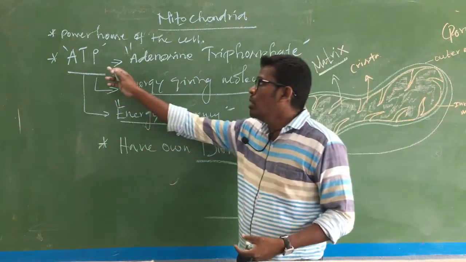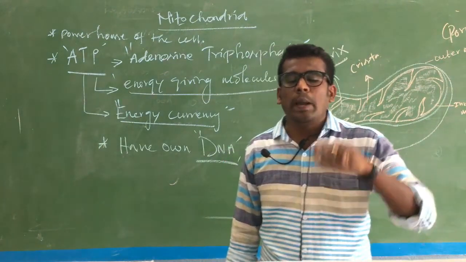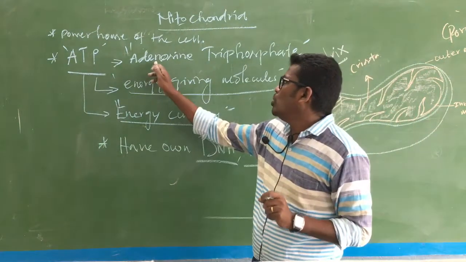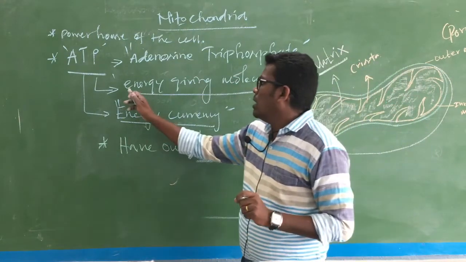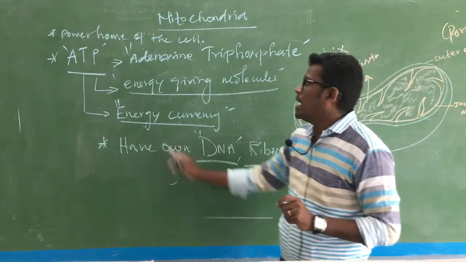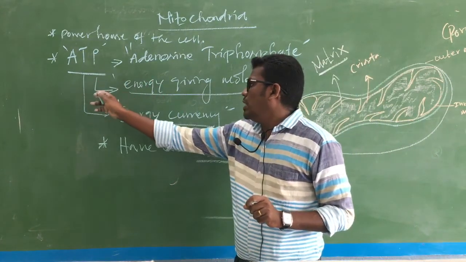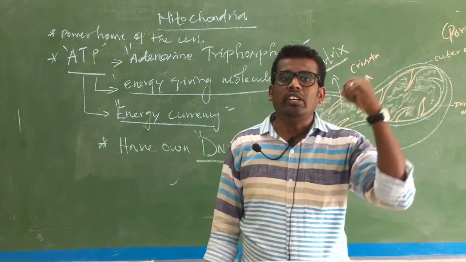The energy is produced in the form of ATP, adenosine triphosphate, an energy giving molecule, generally called the energy currency.